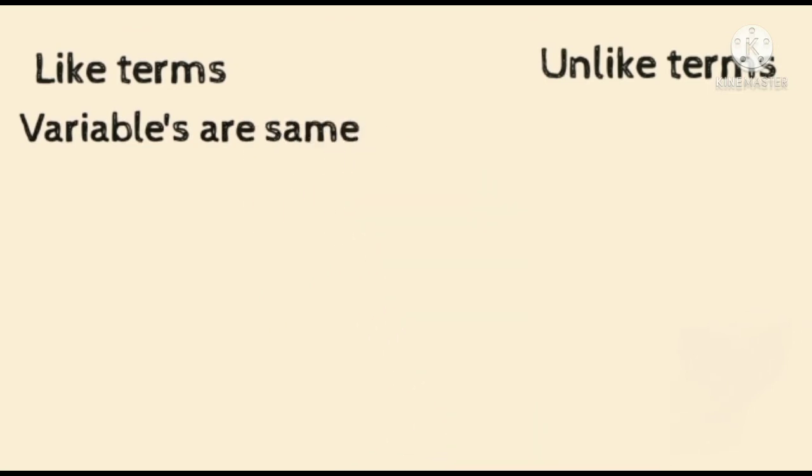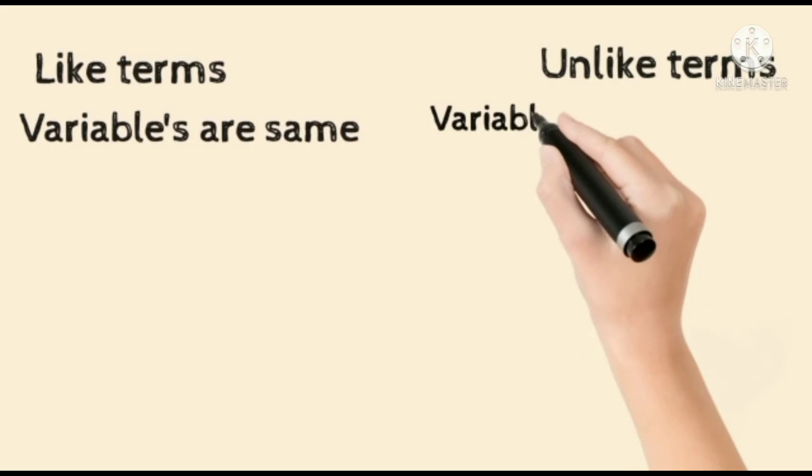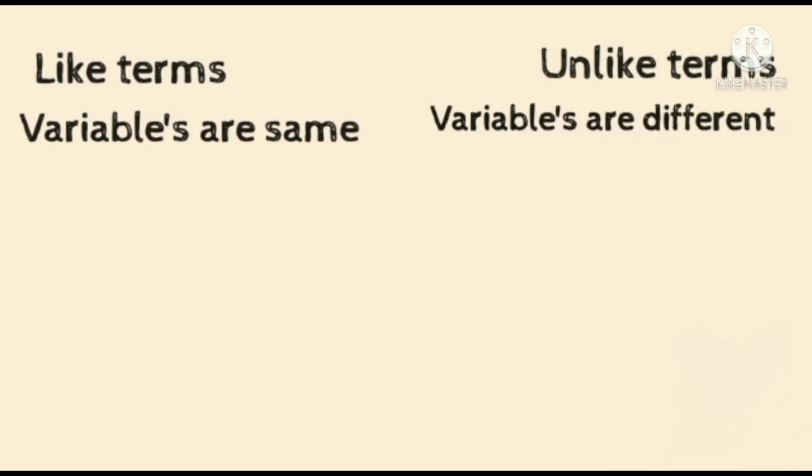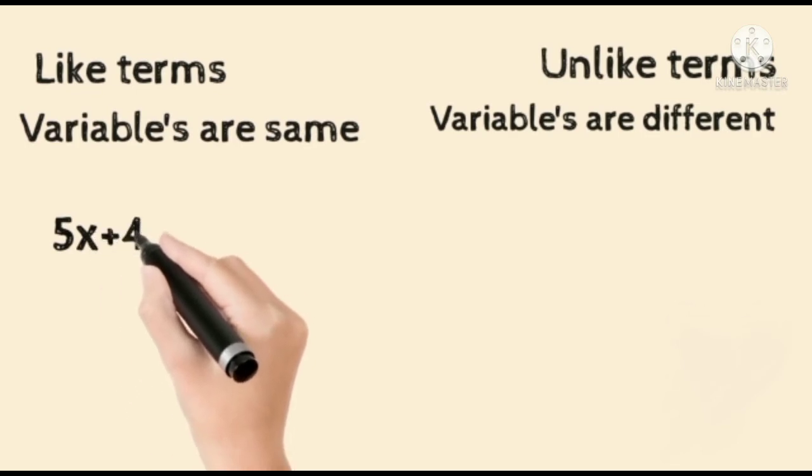Next, in terms, you have two types. One is like term, another is unlike term. So what's a like term? In a like term, you have variables all the same. Whereas in unlike terms, you have the variables different. So let's discuss with an example of two terms. Let me consider the example of 5x plus 4x.